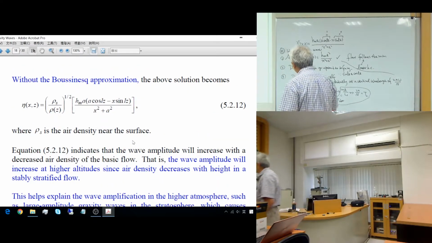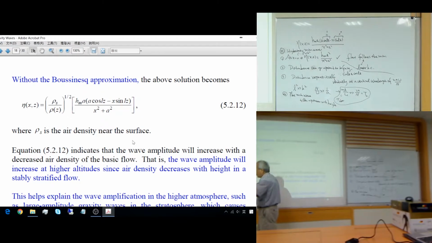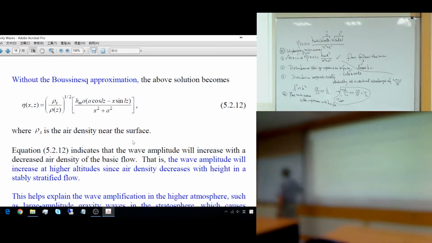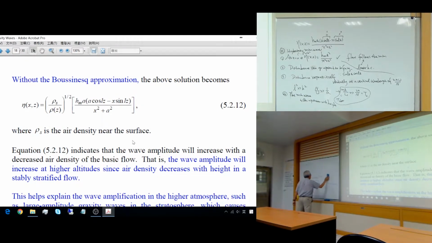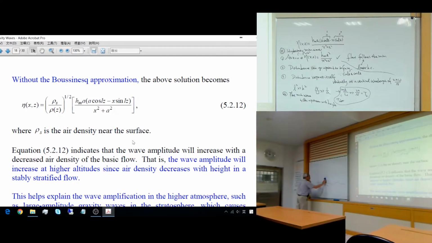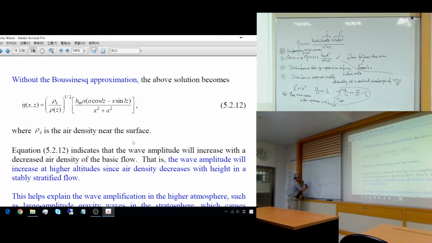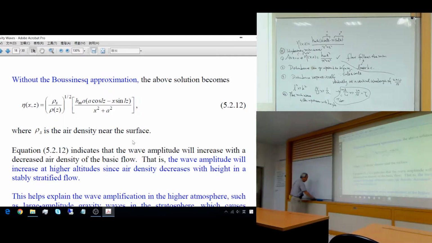If we don't assume Boussinesq, then our solution is very similar, except there's an extra coefficient ahead of the original solution with the Boussinesq approximation.